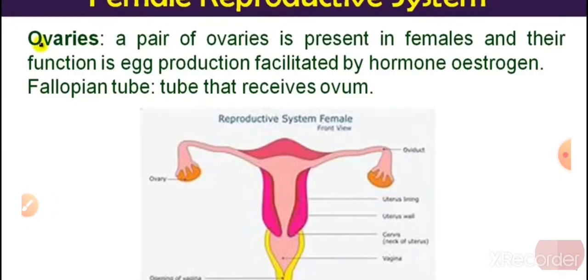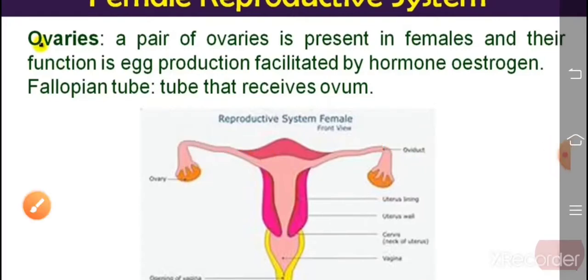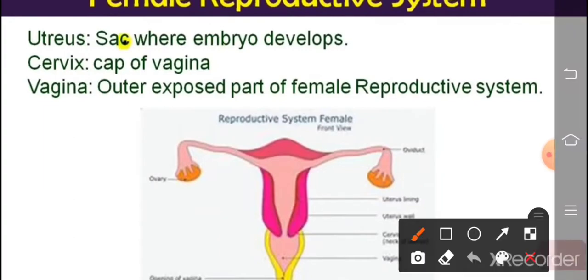What is the function of the fallopian tube, my dear students? The fallopian tube, or oviduct, is the tube that receives the ovum. After this, the uterus.